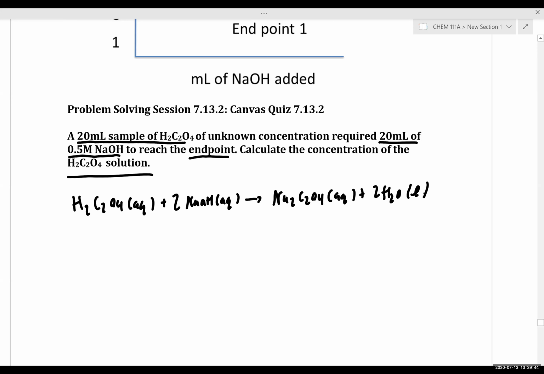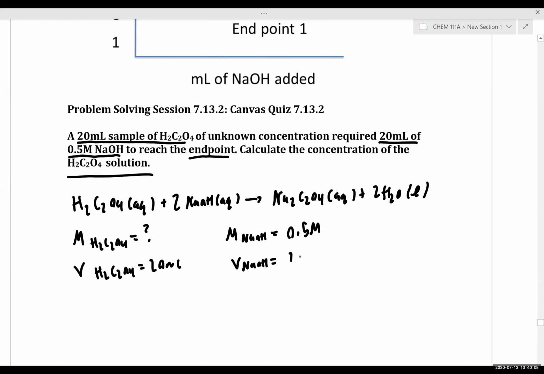Now that we have our balanced equation, we're going to write out what we know. The molarity of our oxalic acid solution is unknown. The volume of our oxalic acid solution is 20 milliliters. The molarity of sodium hydroxide is 0.5 molar. And the volume of sodium hydroxide is 20 milliliters.